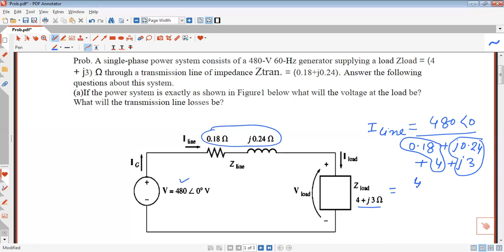It will be equal to 480 angle 0 divided by 5.29 angle 37.8 degree.